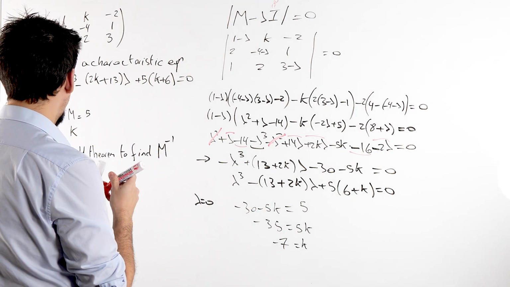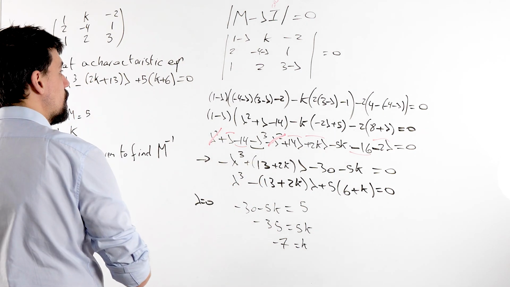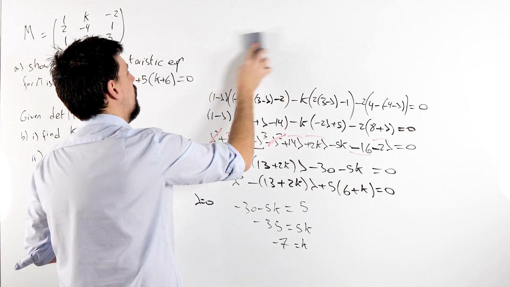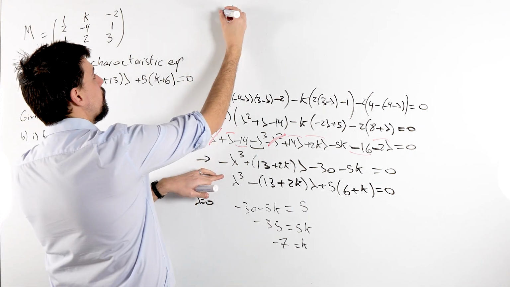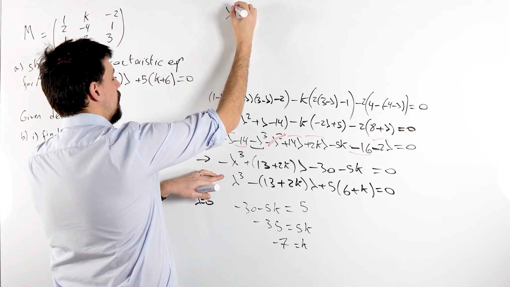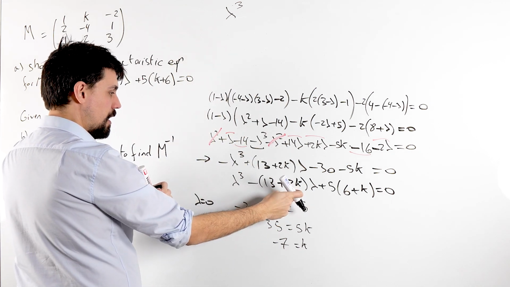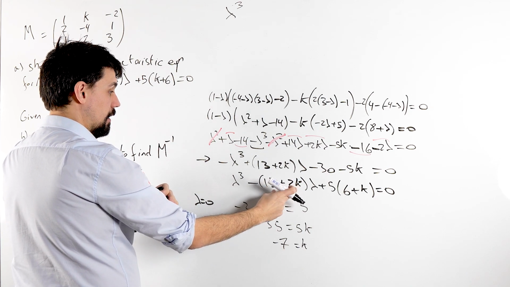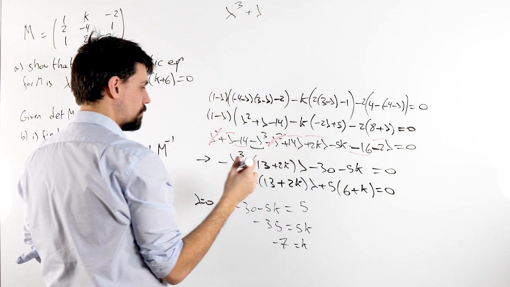Awesome. What I'm going to do is, I need a little bit of space on the board. So let's get ourselves, number 1, our characteristic equation. So my characteristic equation, lambda cubed minus, so let's put k as minus 7 in. 13 minus 14 is minus 1, so that is lambda cubed plus lambda.